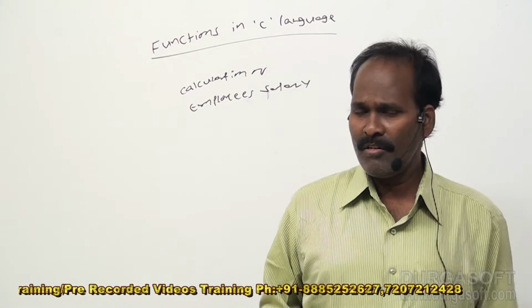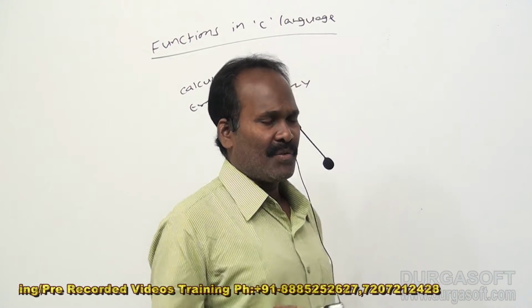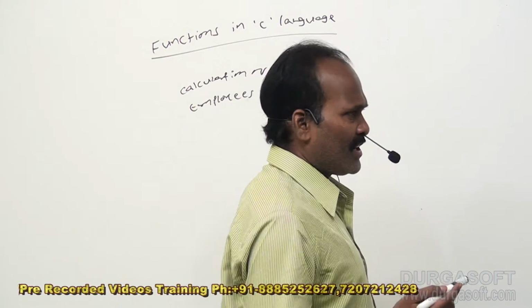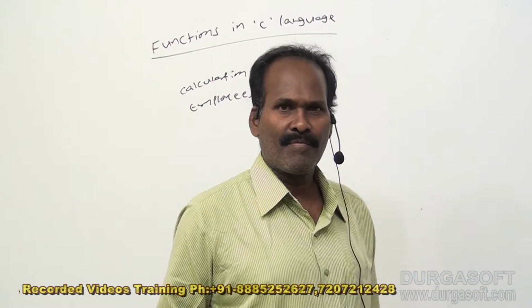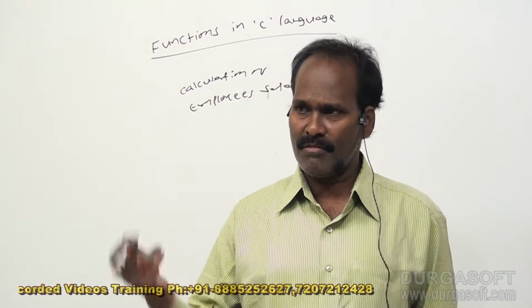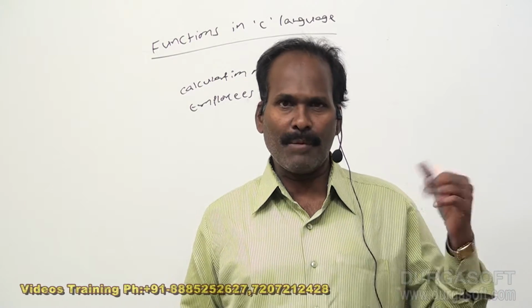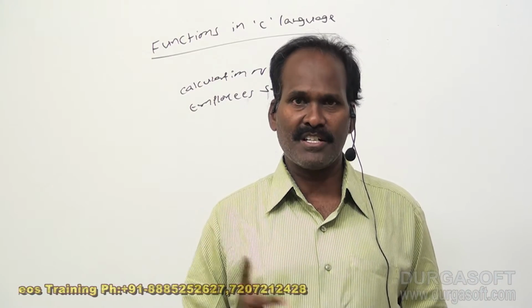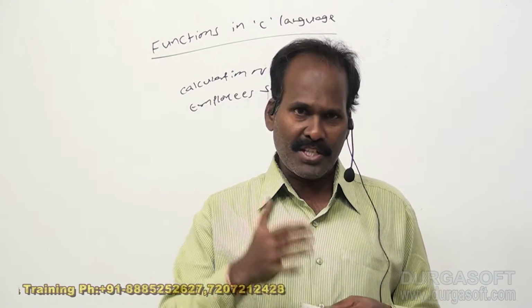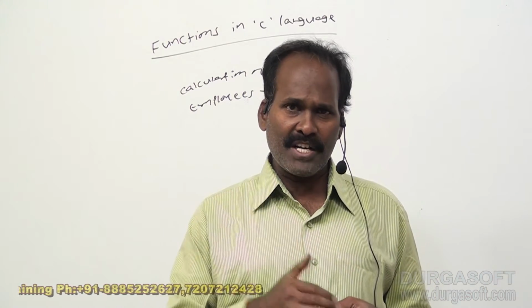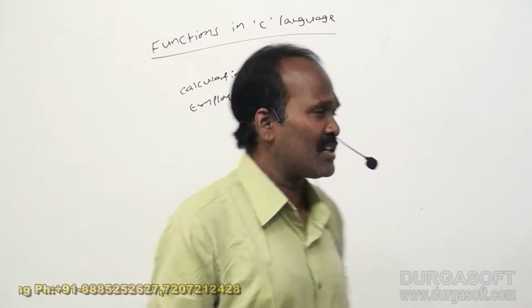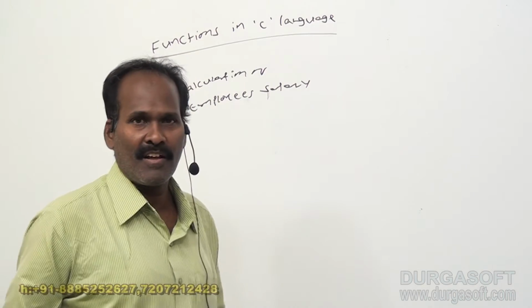Now, finding the employee salary for a single application, we can write the code in the application. Suppose several C applications are there. Just imagine, in the several applications we have to repeatedly calculate employee salary.